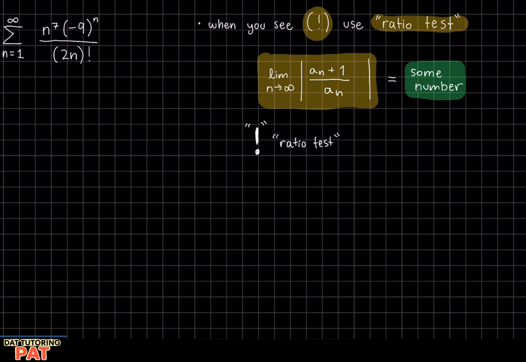It's to figure out if something is going to absolutely converge. So will it converge at a certain point, right? Or if it will diverge, which means that it's going to go to like infinity, or it won't actually converge at a point.